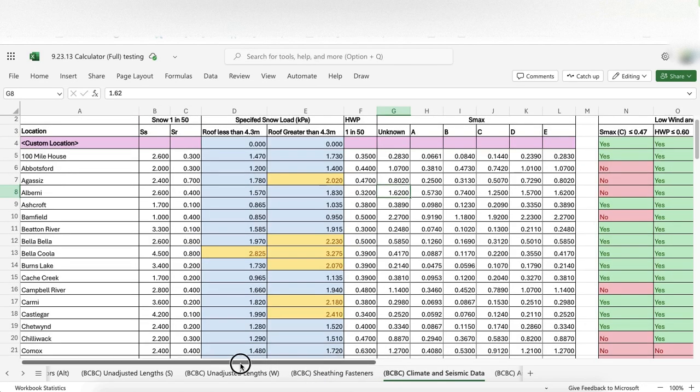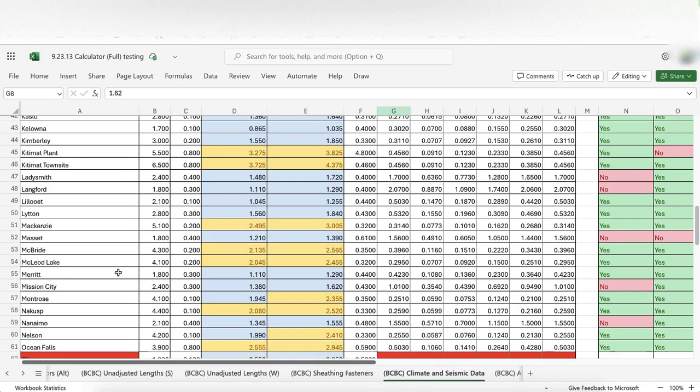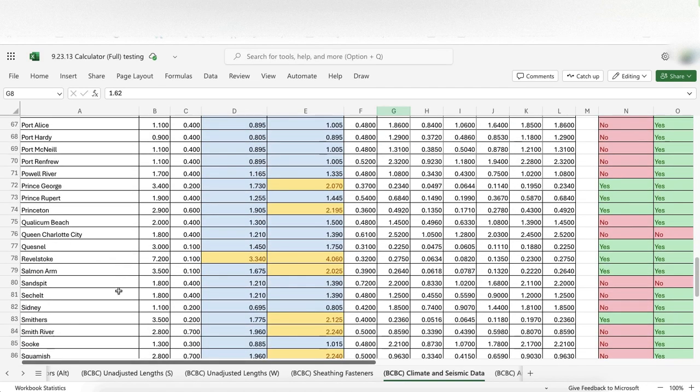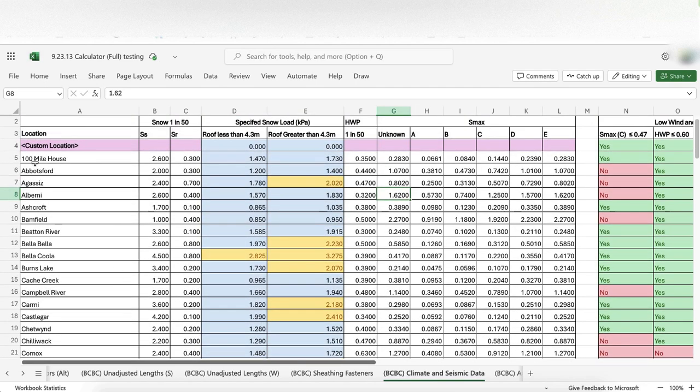So here, this one actually is probably going to be pretty useful to people, or to some specific people it may be essential. This is a copy of the BCBC, and I guess shout out to the code writers. A lot of the information that I'm using here is all on the heels of their work.